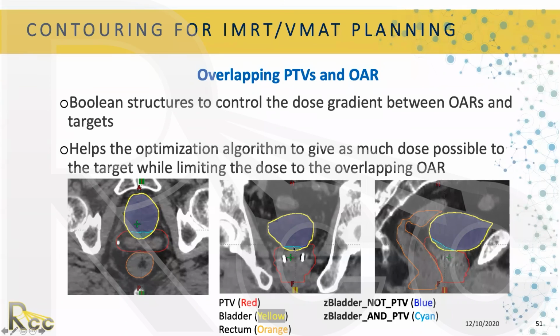So that's why we create the Z bladder not PTV, which is in blue, so excluding the PTV. And then we create the Z bladder and PTV, which is basically the overlap region, in cyan. I'm going to be giving this structure some objectives, just to say, don't forget to cover here, as much as you can.